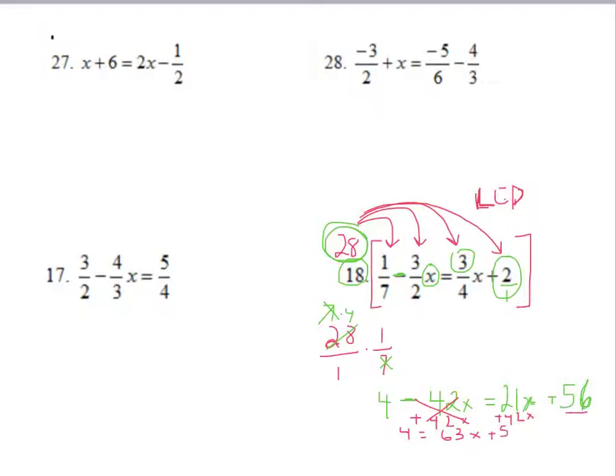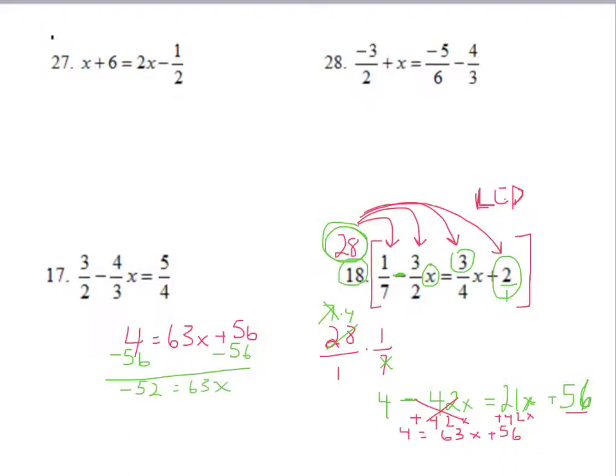And I'm running out of space here, but I'll rewrite my problem right over here. 4 equals 63x plus 56. The next step, of course, is to subtract 56 from both sides. 4 minus 56 is negative 52 equals 63x.